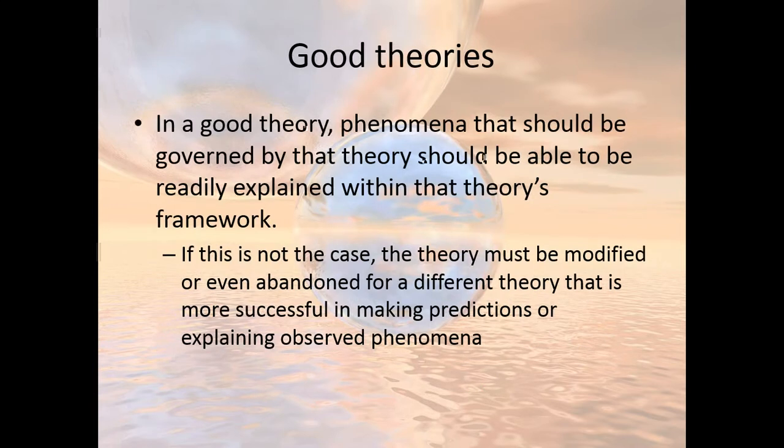Now, good theories are what we really work for, and a good theory is something that is able to explain a whole lot of stuff that's within that theory's framework. In other words, if that theory makes a definite prediction of something that you realize, yeah, that's something that theory really should be able to discuss, then it would be surprising if that prediction turned out to be wrong.